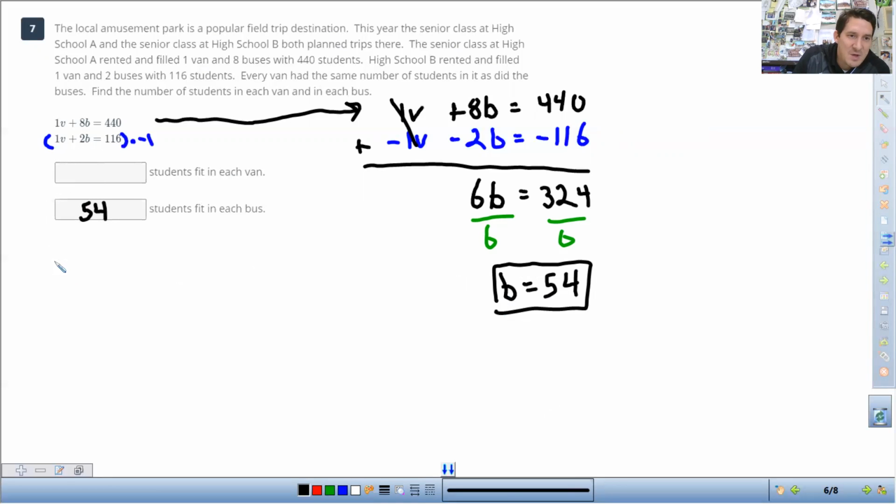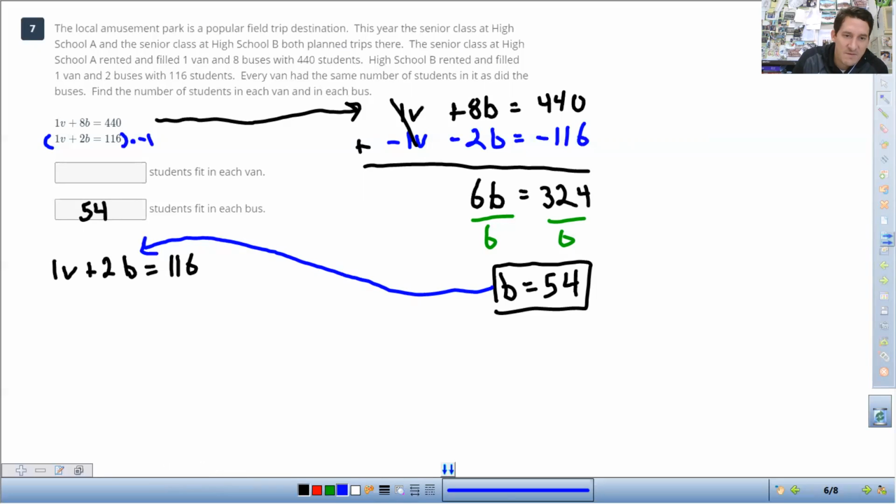So I'm going to take the bottom equation, 1V plus 2B is equal to 116. I'm picking that one just because the numbers are smaller. I'm going to put the 54 in for B. So 1V plus 2 times 54 is equal to 116.